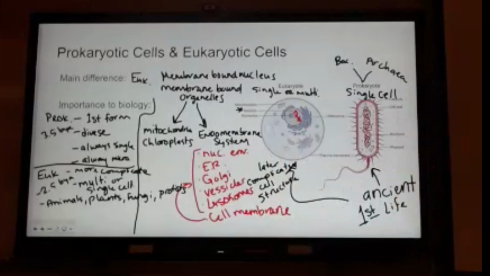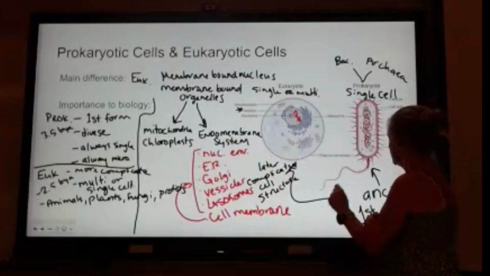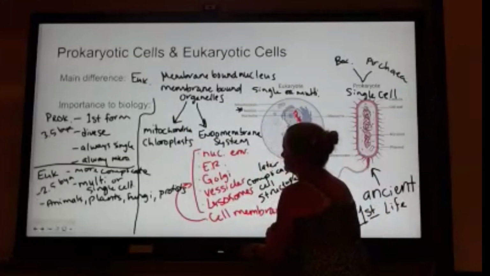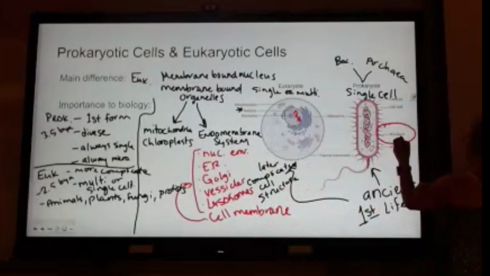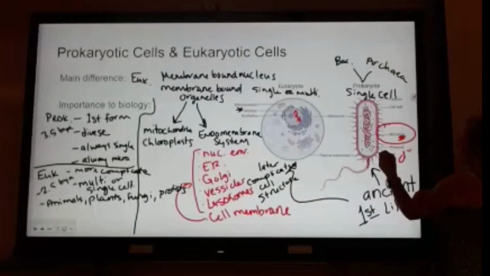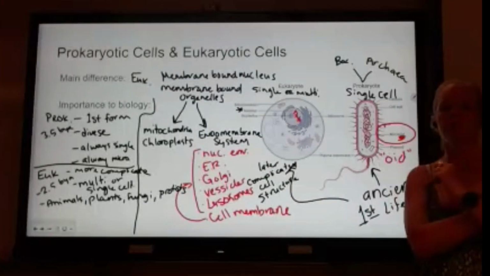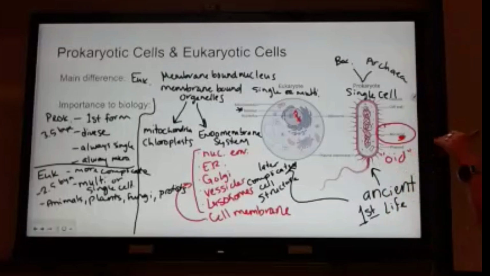Okay, so question. The DNA of a eukaryote is stored in the nucleus. Where in the prokaryotic cell is the DNA stored? I'll use red. And that's here in this nucleoid region. Okay, so oid means the form of or similar to. So the nucleoid region is like a nucleus in the fact that that's where the DNA is.